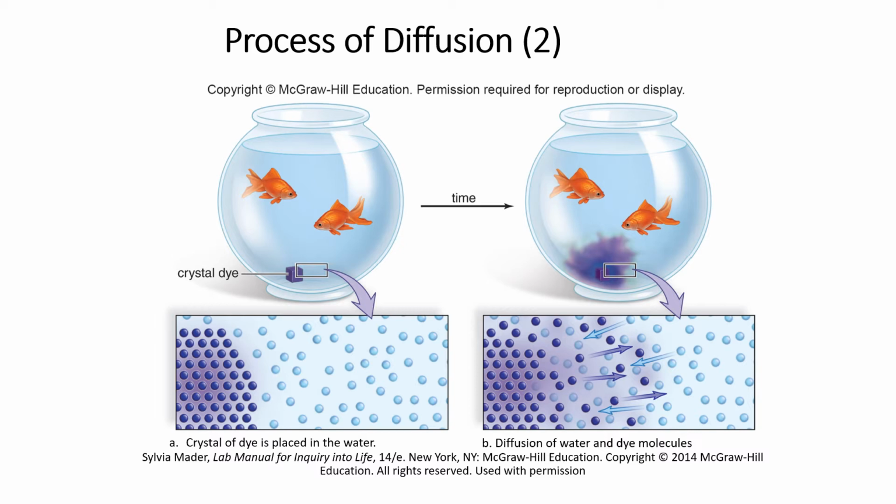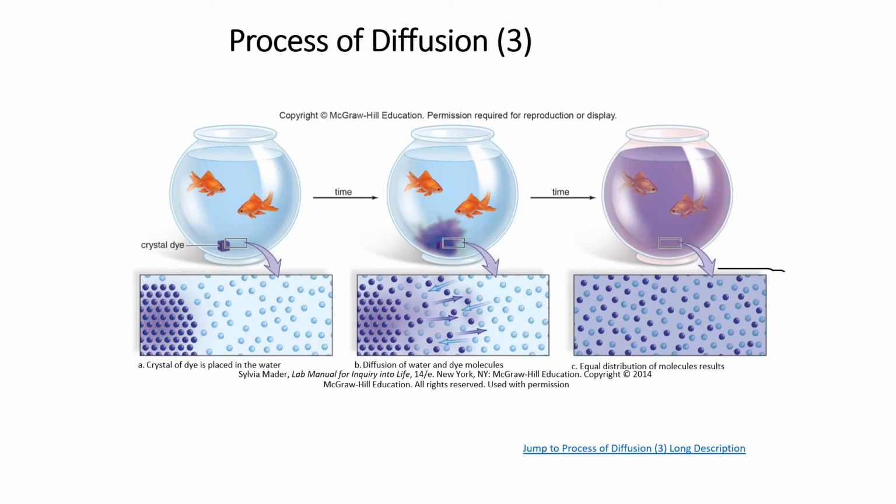And so this picture just shows what I just said, which is that the water will move in to where the dye is, and the dye will move out to where the water is, until there's equilibrium and you have equal spacing of both water and the dye.